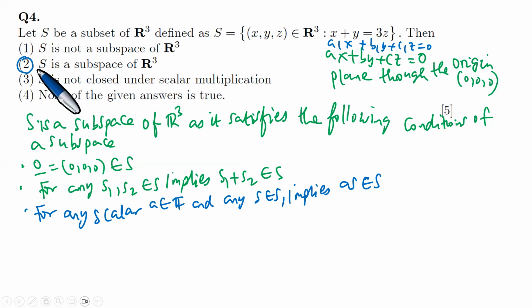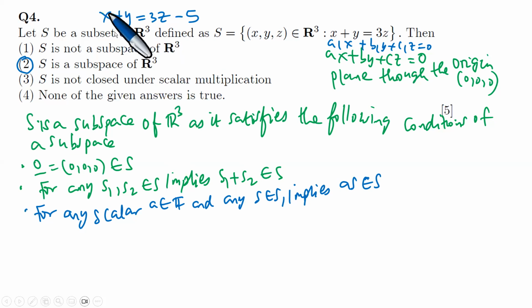All right. So S is a subspace here. Obviously, it's an obvious one because all planes through the origin are subspaces. Something that cannot be a subspace is, if you take a plane like x plus y equals 3z minus 5. This one is not going to be a subspace because it doesn't pass through the origin.